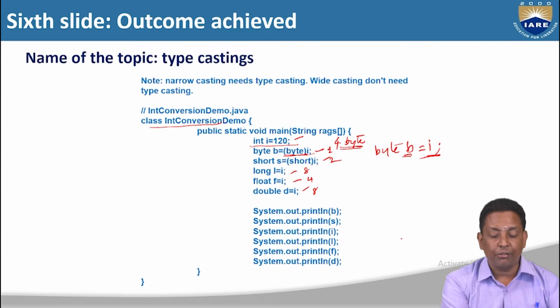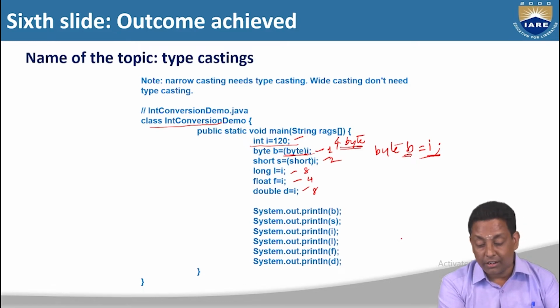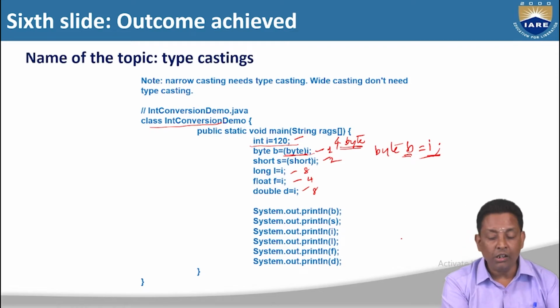So if you put byte in brackets before the int, then the compiler and interpreter understand that the user wants to assign the integer value to the byte value. So the integer value will be assigned to the byte value. But during this typecasting, if the value of the integer is lost while being assigned to byte, the Java compiler or interpreter is not responsible. That responsibility the developer has to take care of.